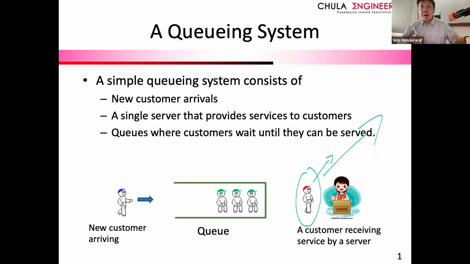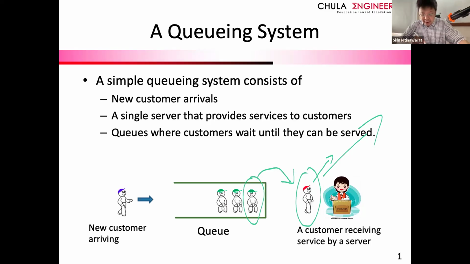At that moment, what will happen to the queue? At the particular moment where one customer leaves the service counter, the one at the head of the queue will be the next to be serviced.